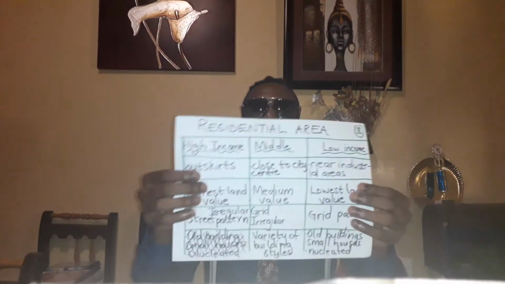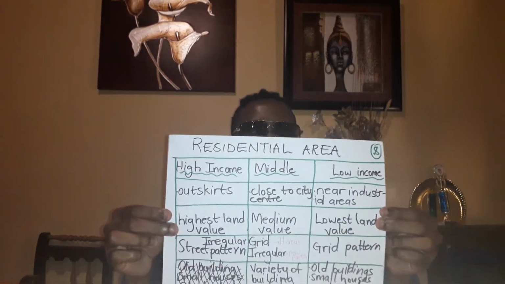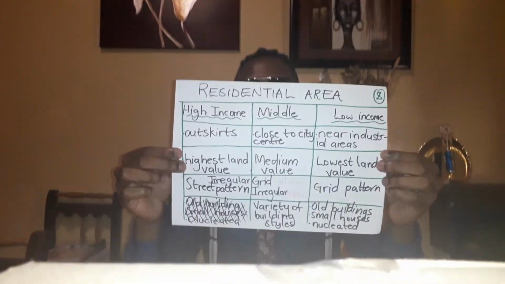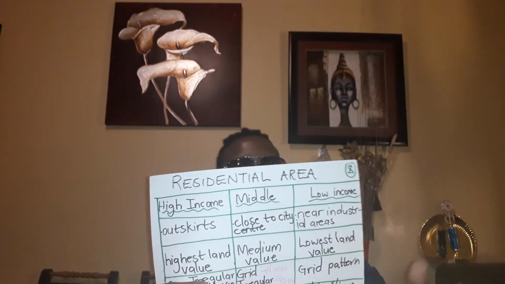Okay, moving to the next zone, which is the residential area. So residential area, as you can see in my table, I've divided it into 3 according to the incomes of people who stay there or who reside there. We have the high income residential area, we have the middle income residential area, and we have the low income residential area.